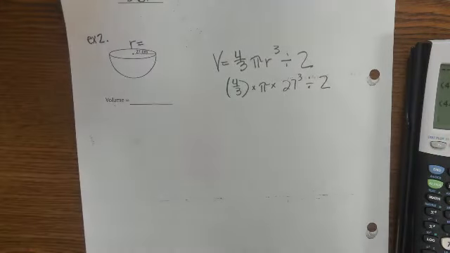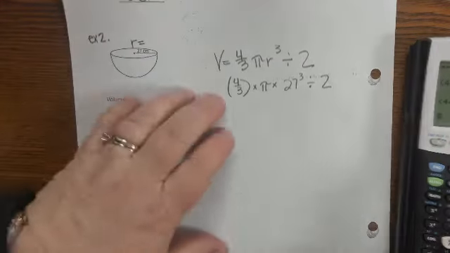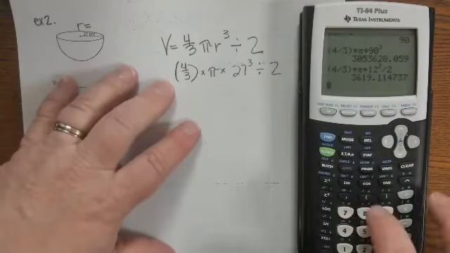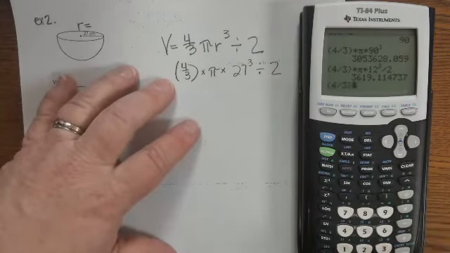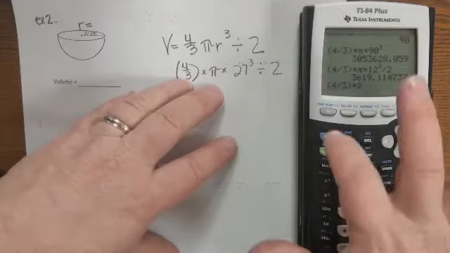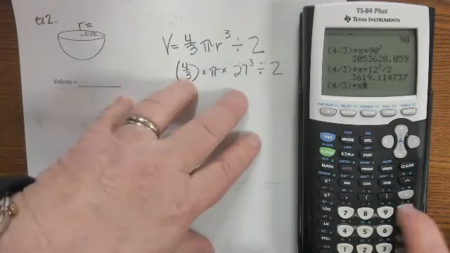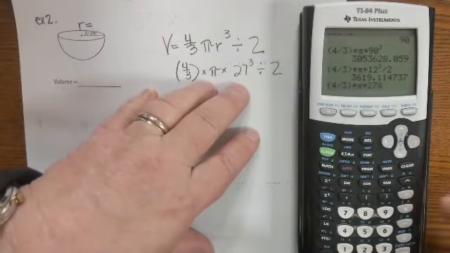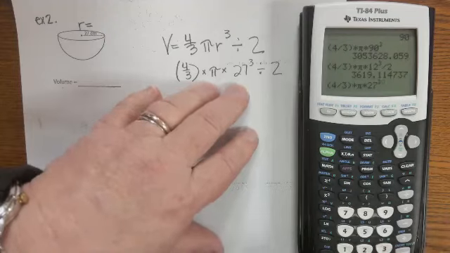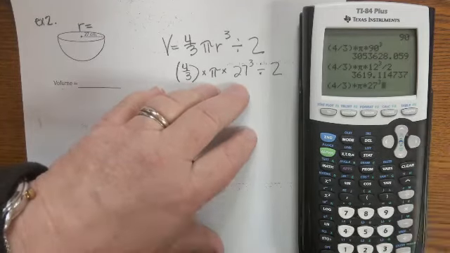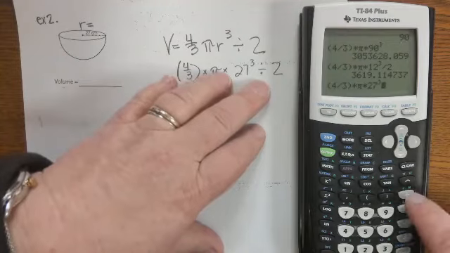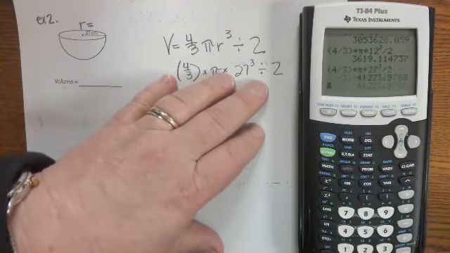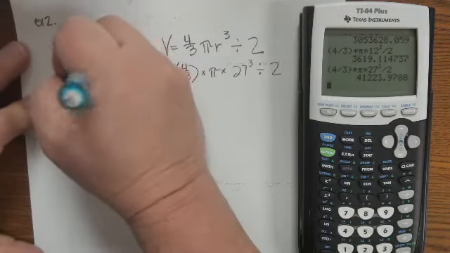Okay? Put it all in at once if you'd like. We've got parentheses, 4 divided by 3, parentheses, times second pi times 27 to the power of 3. And I'm in exponent land. Get out of exponent land by hitting the arrow over button. Okay? Divided by 2. And my answer, we're going to round to the nearest tenth.